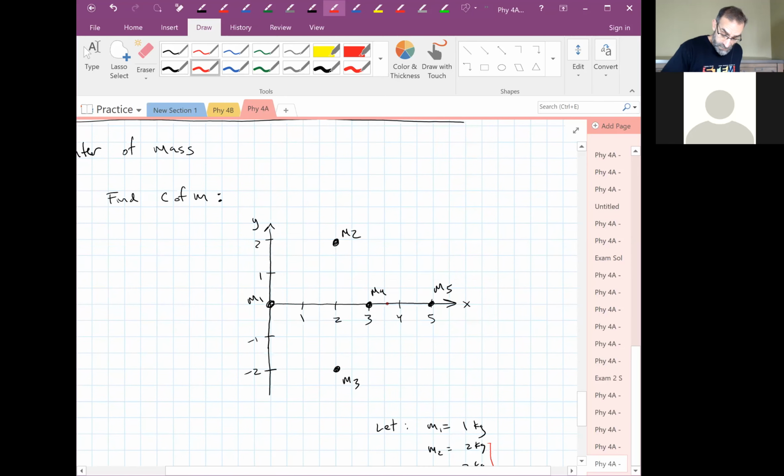Somewhere on that line is the x coordinate of my center of mass. Now I do the same thing for the y. What am I going to get when I do my y?